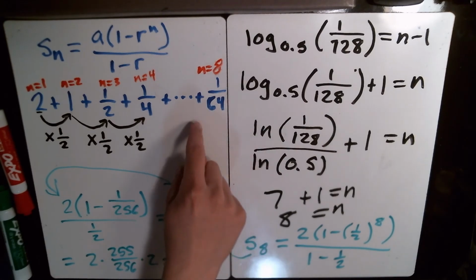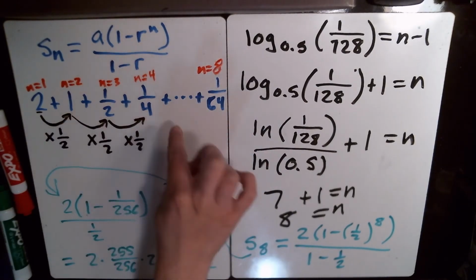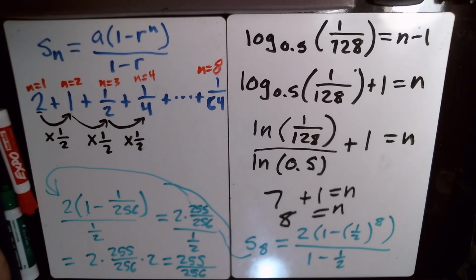Could you never end this? Could you add up these numbers forever and actually get a number? That's an interesting thing we'll look at next, and the answer is yes, you can. So we'll look at that soon.